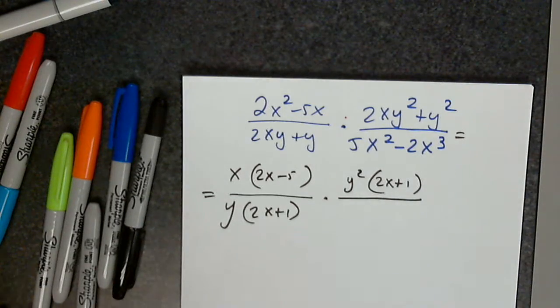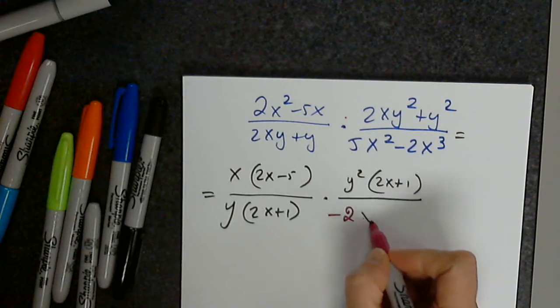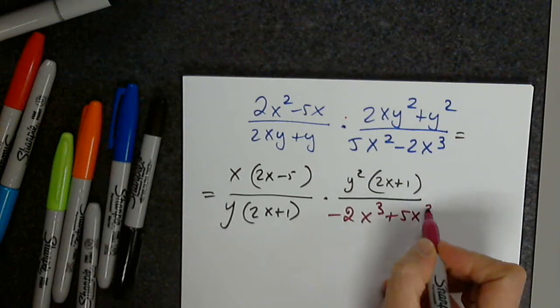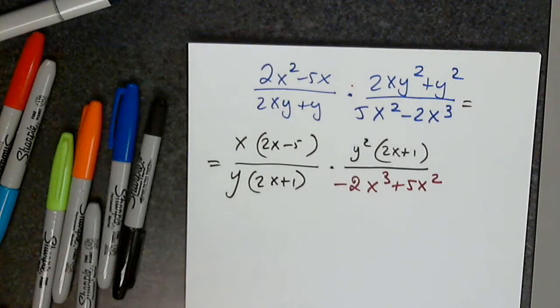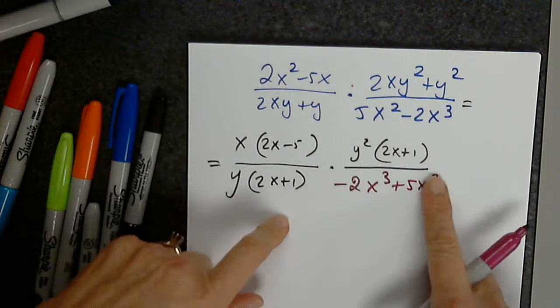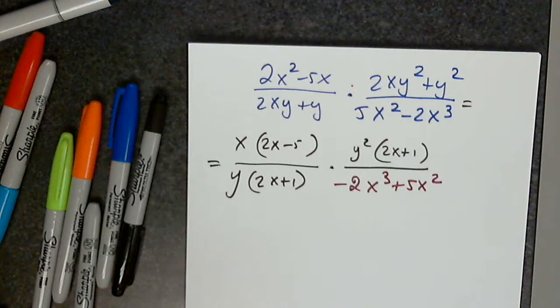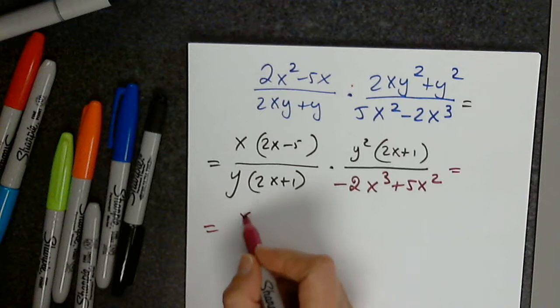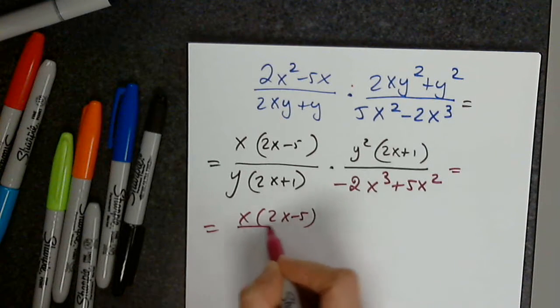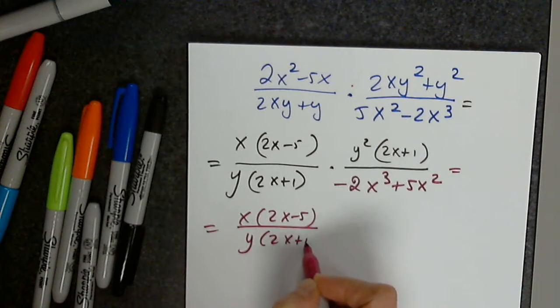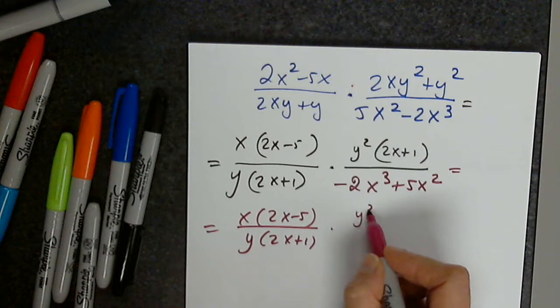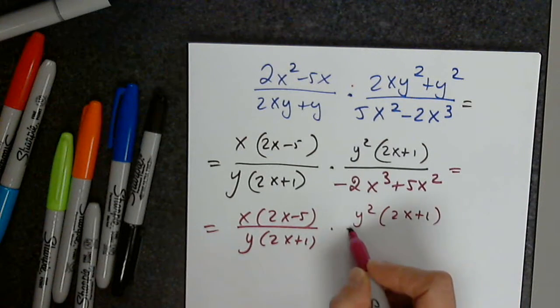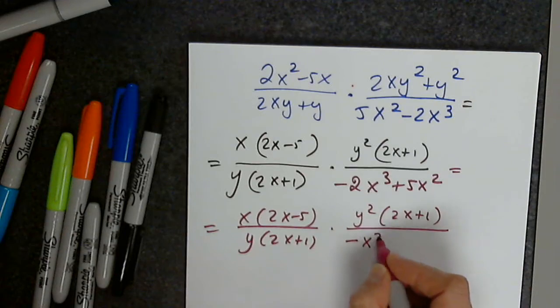Because, first of all, it's not in descending order. Now it is. And now when I pull out, I have to pull out the negative leading coefficient and the greatest common factor. So when you look at this, what will you pull out? Negative x squared. Negative x squared. Very good. So I have x, 2x minus 5 over y, 2x plus 1 times y squared, 2x plus 1 over negative x squared.